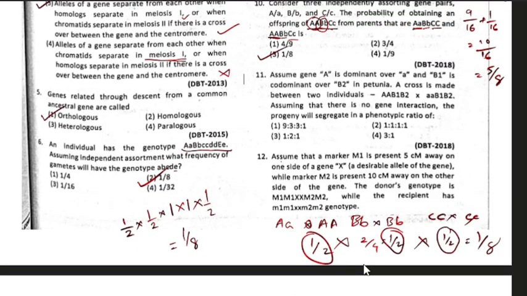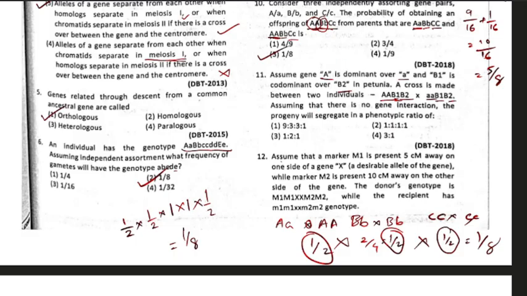Assume gene A is dominant over small a, and gene B1 is codominant with B2. We are crossing capital A, B1, B2 with small a, B1, B2.